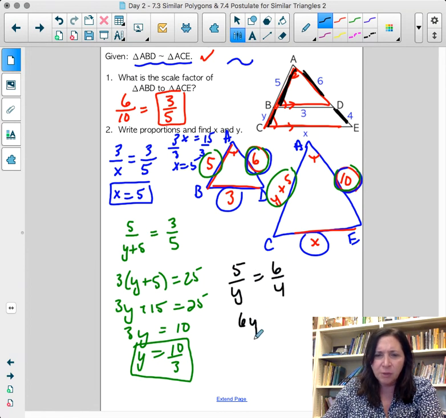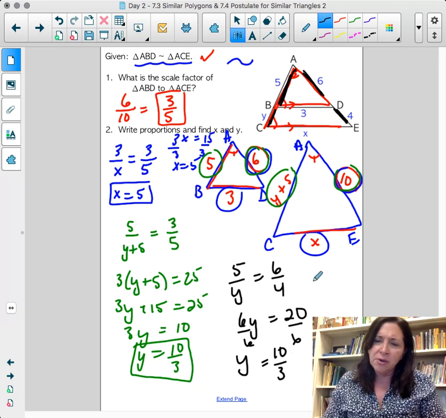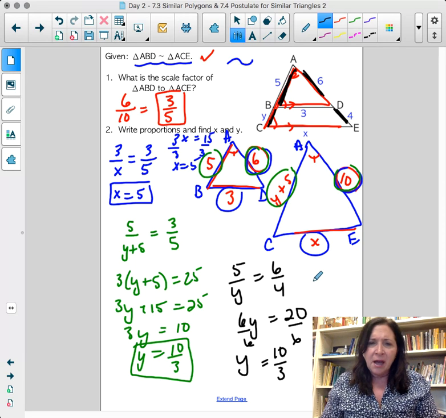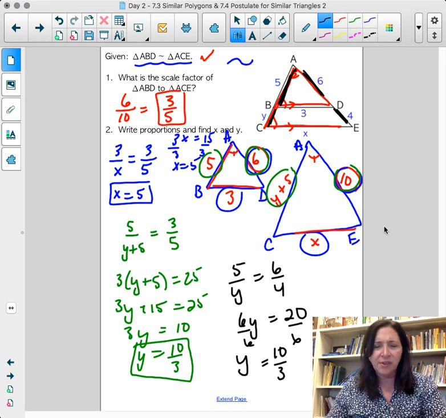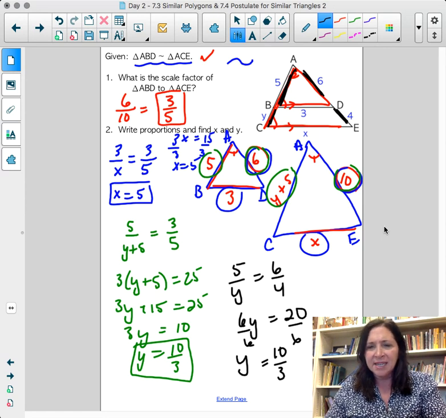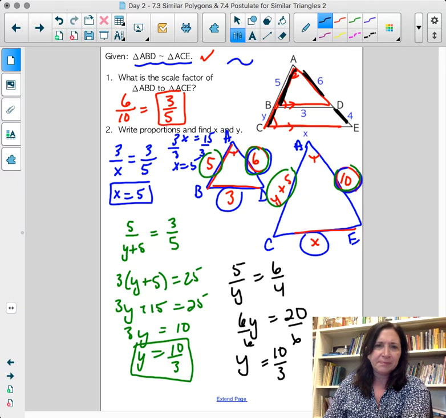I'm going to cross multiply, 6y equals 20. I'm going to divide both sides by 6, and I'm going to get y equals, divide by 2, 10 over 3 again. So it's just another option that you can use if you like. Personally, I always separate my triangles. I think it's a little bit easier to see what actual sides you have and what you're trying to find.